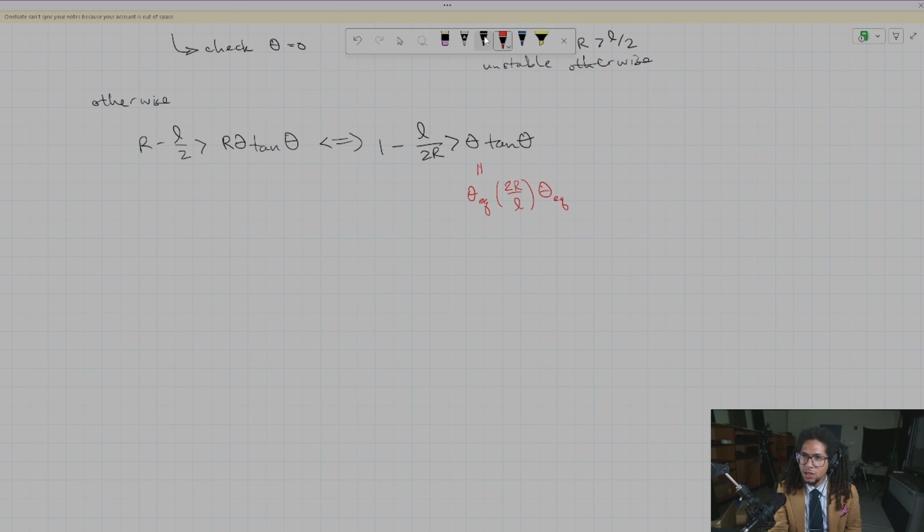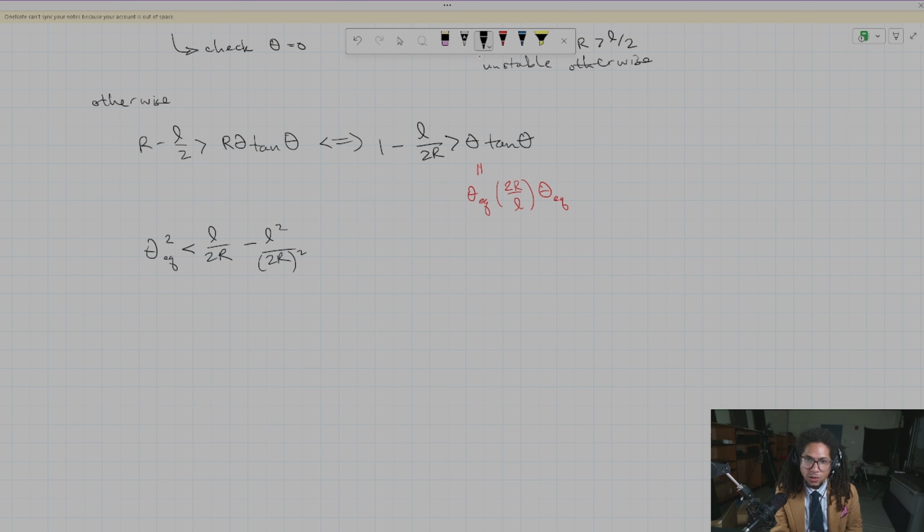Now, a little bit of rearranging, and I get theta equilibrium squared is less than L over 2r, because I'm multiplying, minus L squared over quantity 2r squared.